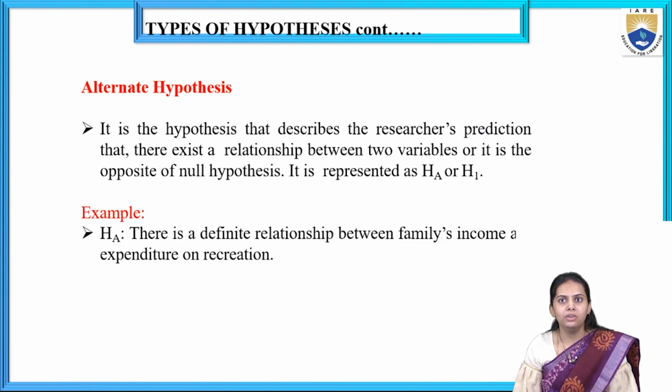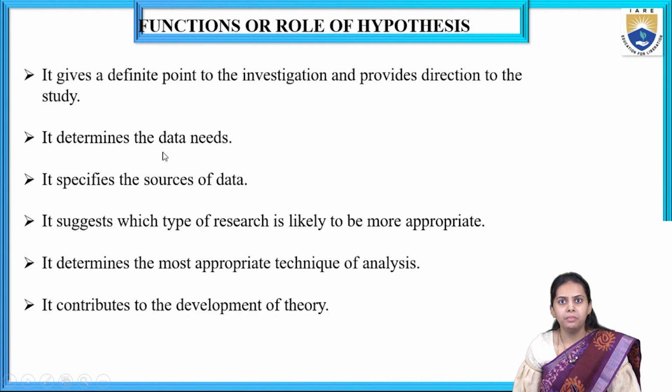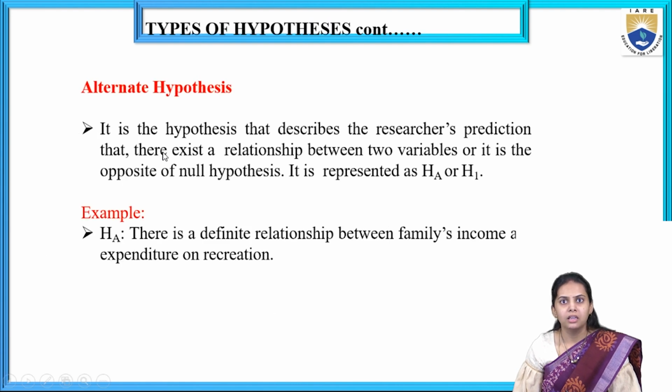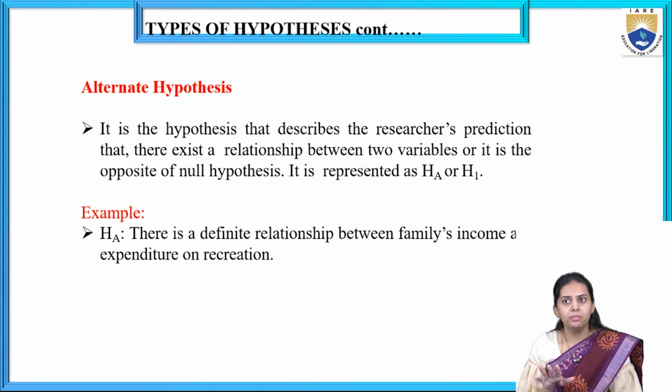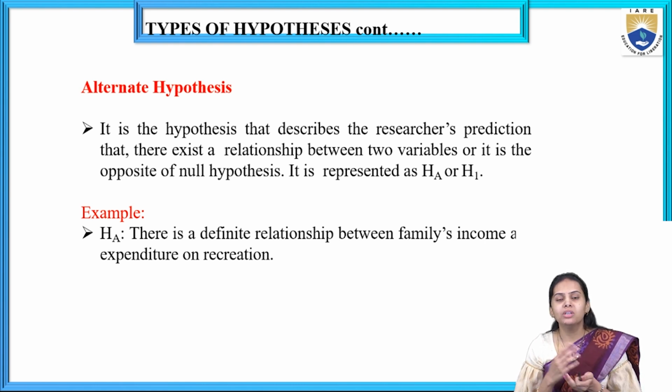And the alternative hypothesis. What is the alternative hypothesis? Alternative hypothesis describes a researcher's prediction that there is a relationship between two variables, or it is the opposite of a null hypothesis. Because in the null hypothesis we already discussed that there is no relationship between two variables.